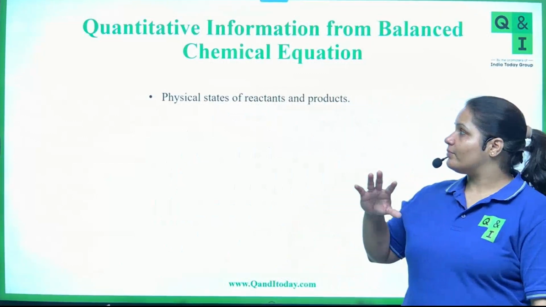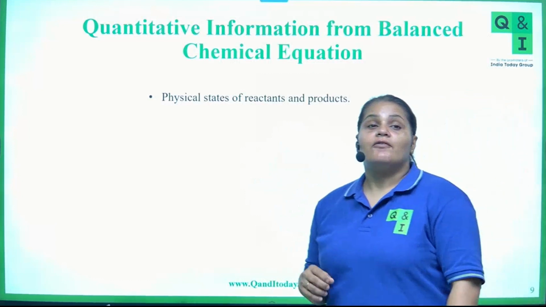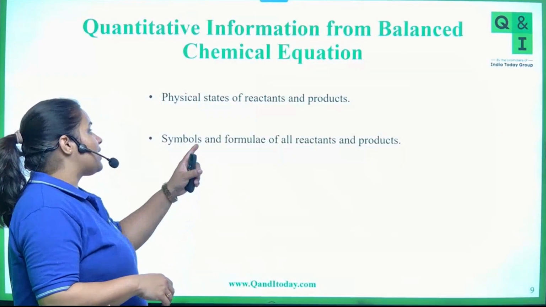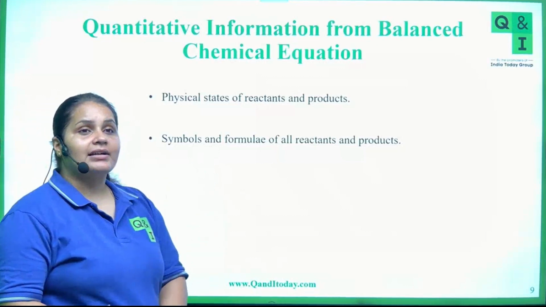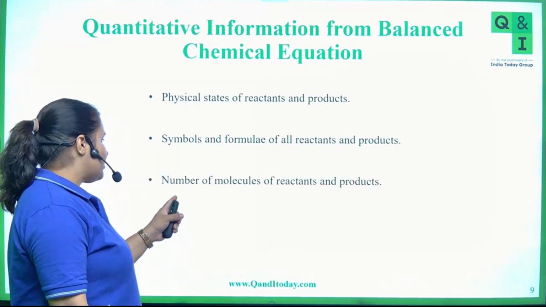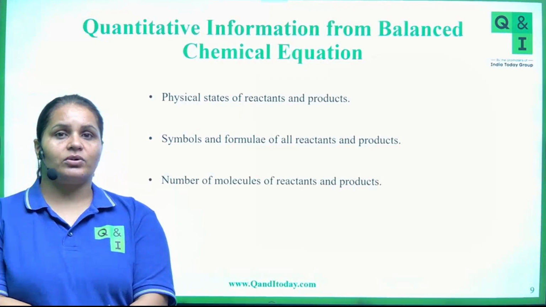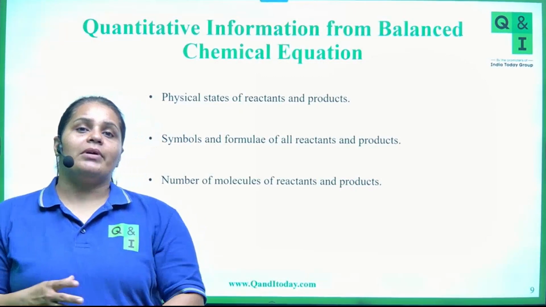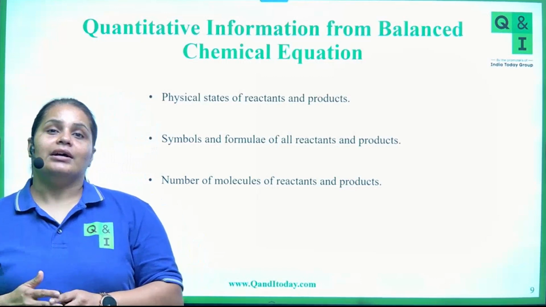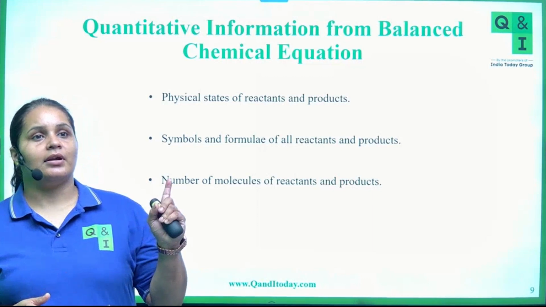Second, the symbols and formulae of all reactants and products. Third, the number of molecules of reactants and products involved in a reaction. We get that information from the balanced chemical equation too.